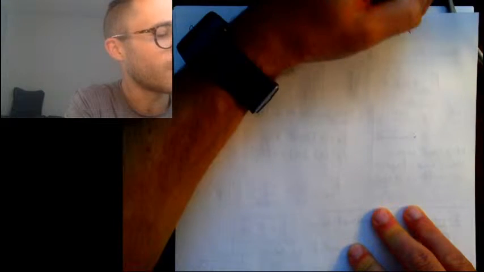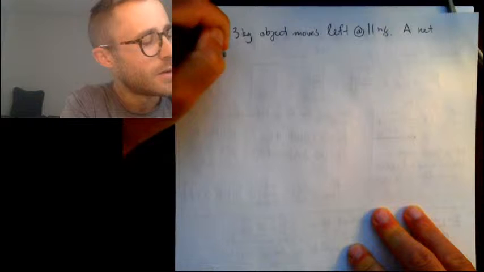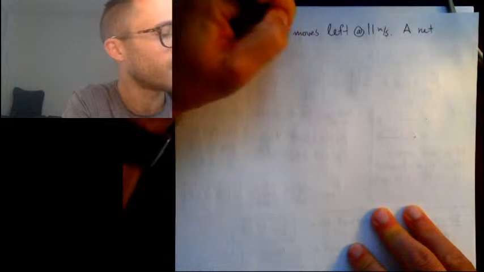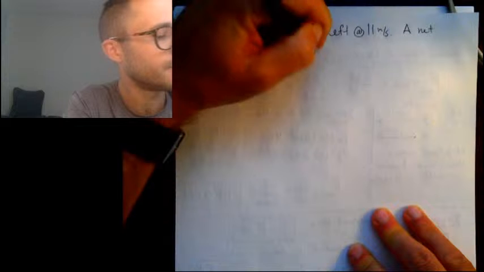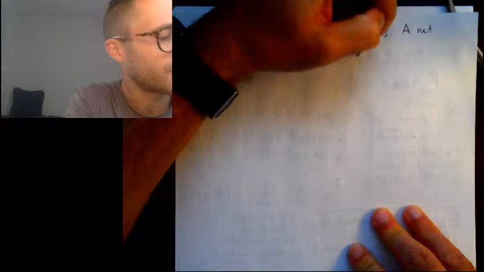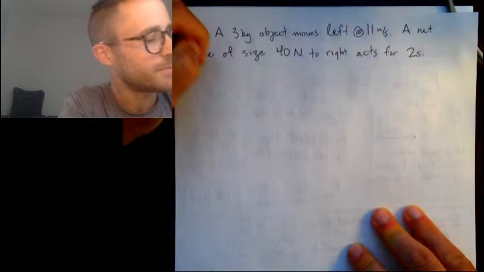A net force of size 40 newtons to the right acts for 2 seconds. What is the final velocity?